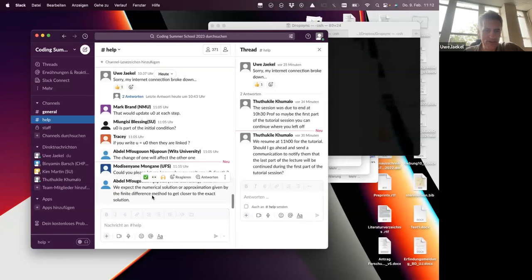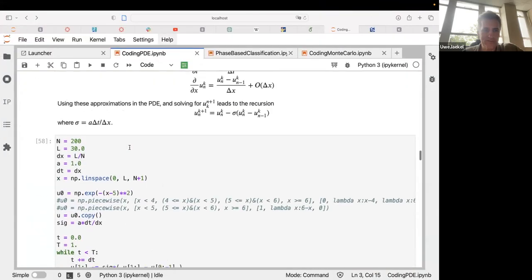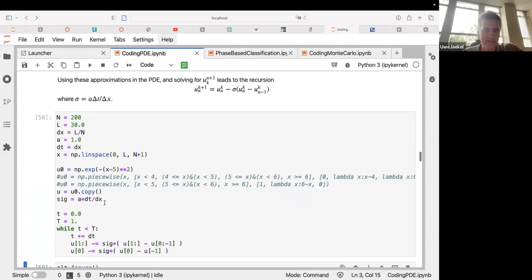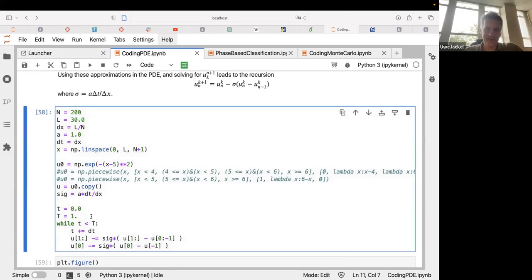Could you please let me know why you can't use U0 directly? I could do the same with U0, but then I would overwrite it. I can mimic this: if I say U equals U0, then U and U0 are the same object.